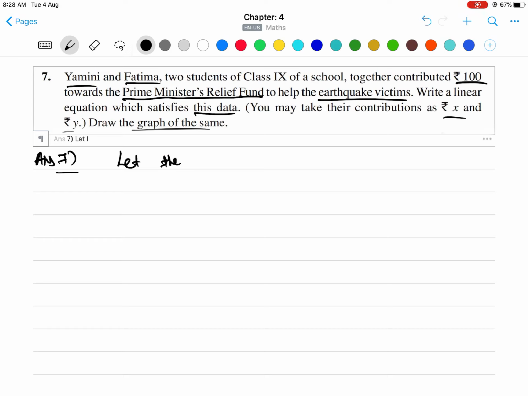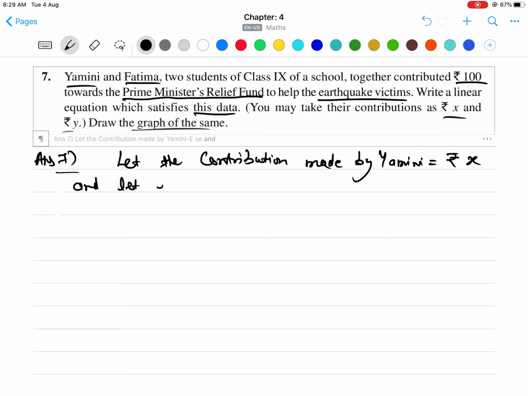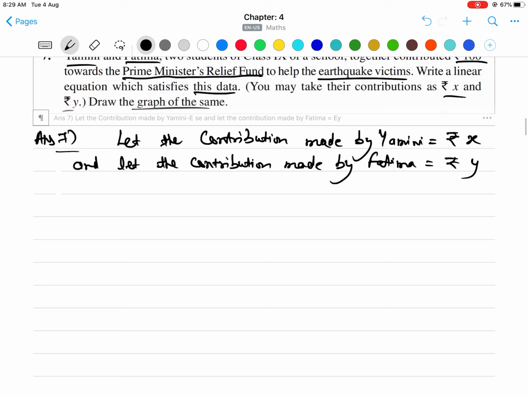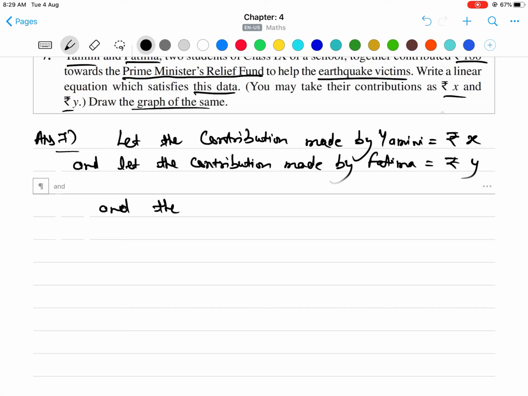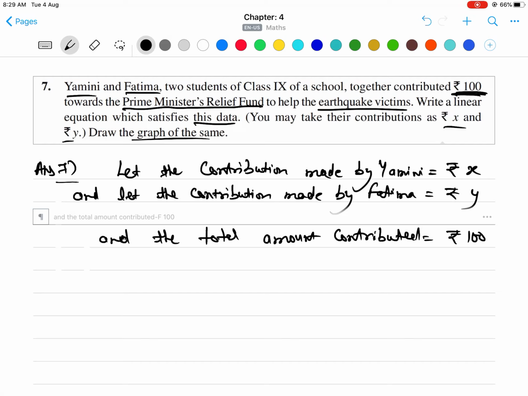Let the contribution made by Yamini be rupees x, and let the contribution made by Fatima be rupees y, and the total amount contributed is 100 rupees, as given in the question here, that collectively they have contributed 100 rupees together.